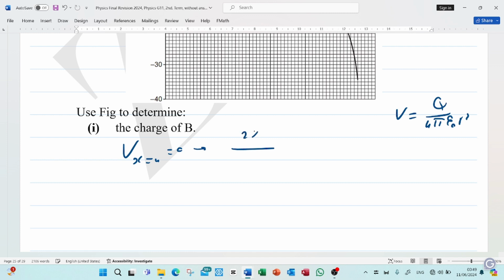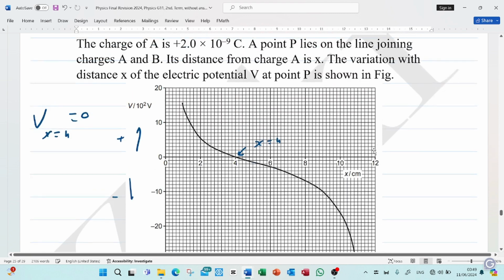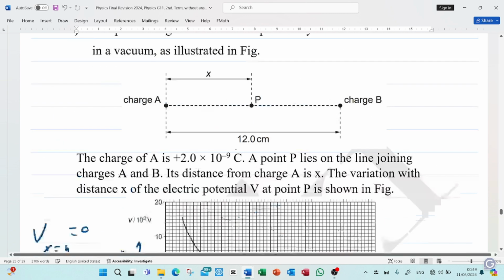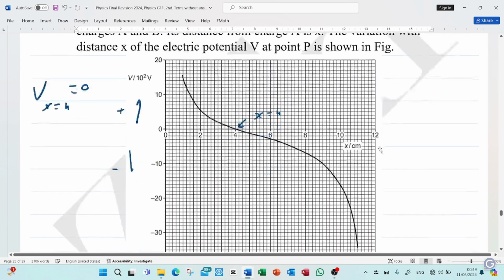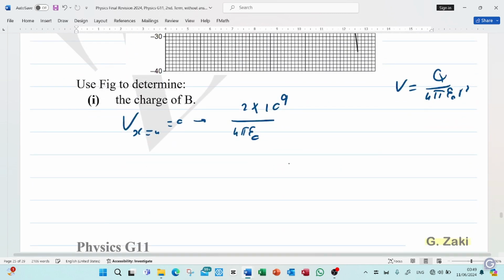So 2 multiply 10 power 9, this is Q1, over 4 pi epsilon naught r, r is the distance here. This is the distance, 4 centimeter from A. 4 centimeter we convert to meter, so it's 4 multiply 10 to the power negative 2. This is without squaring, I check the formula sheet here.